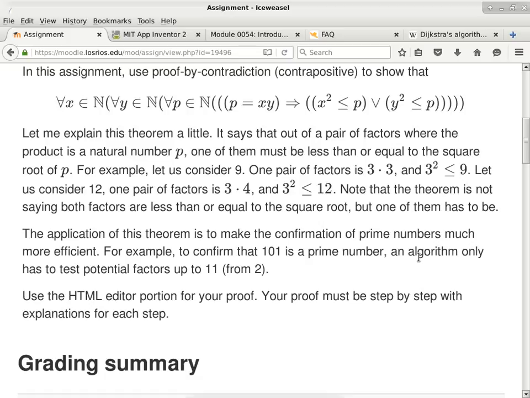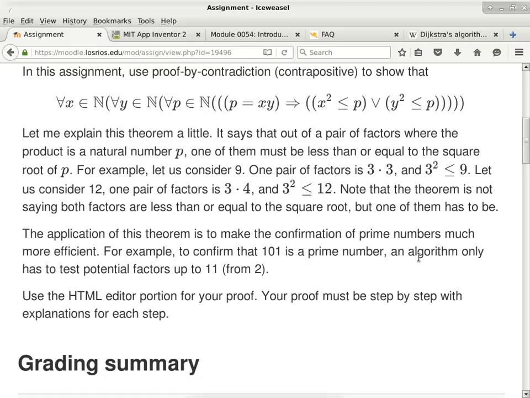X is a natural number, y is a natural number. And that has to imply that x squared is less than or equal to p, or y squared is less than or equal to p. Which is basically the same thing as saying x itself is less than or equal to the square root of p, or y is less than or equal to the square root of p. So that's just two ways of looking at the same thing.